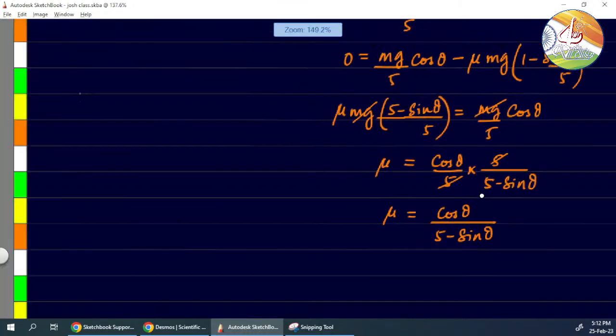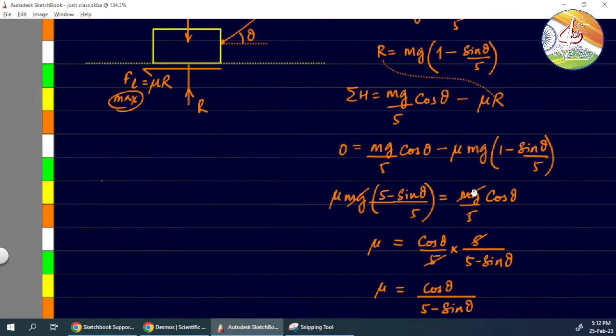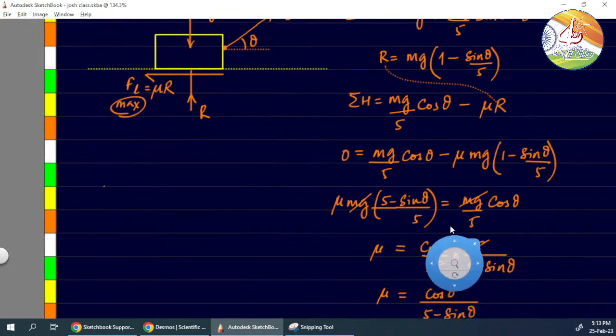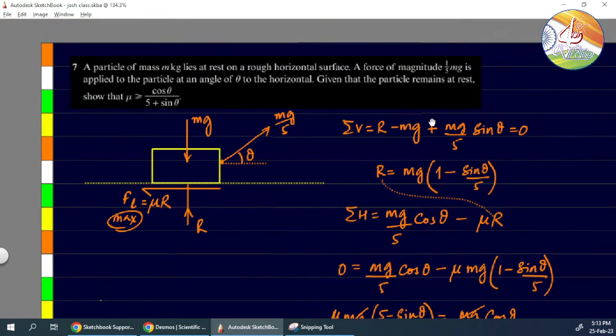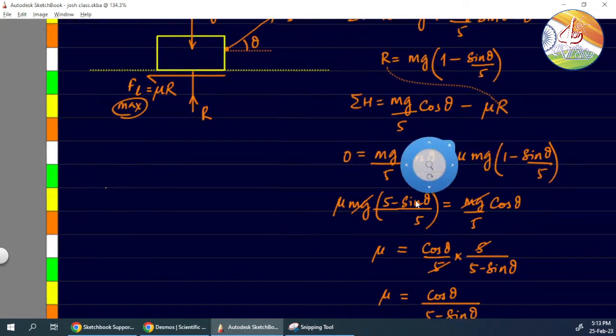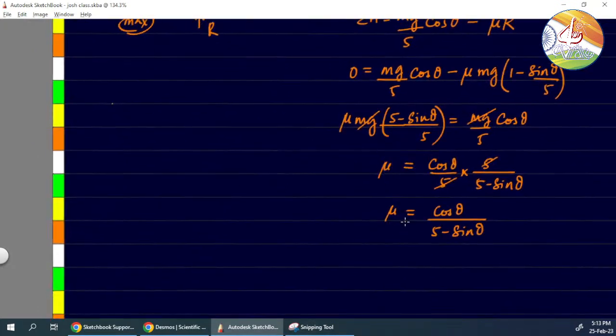So this is for maximum friction. Friction can be less than that also, no? Yes, friction can be less than that also, and that's the reason the mu value has to be greater than or equal to this.